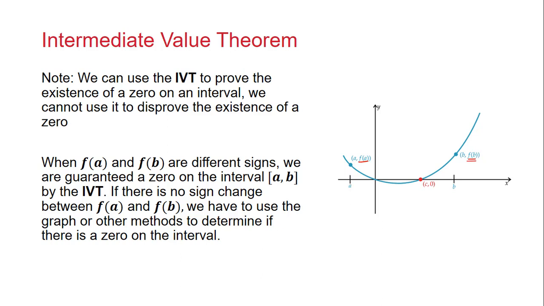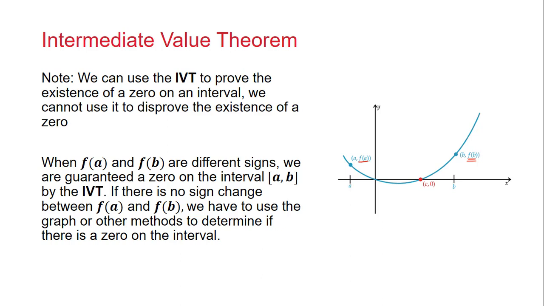If I just saw, oh, there's no sign change, I might think there's no zero between them, but it just depends, right, because of the two values of a and b that I found for that interval. But if I look at the graph, it actually may cross the x-axis somewhere between that a and b. So I can't use it to say there's not one. I can use it to prove that there happens to be one.